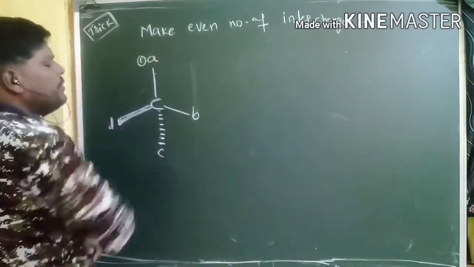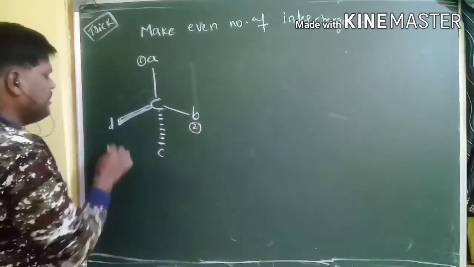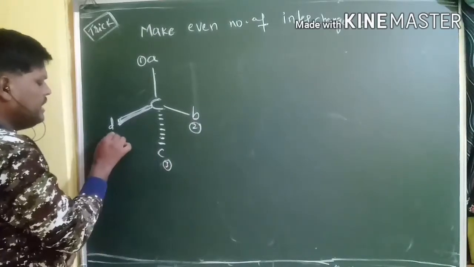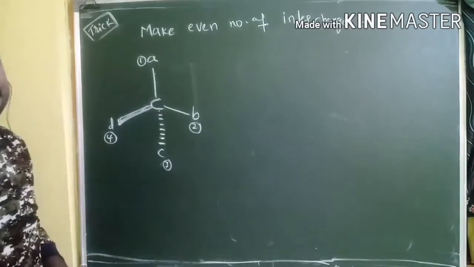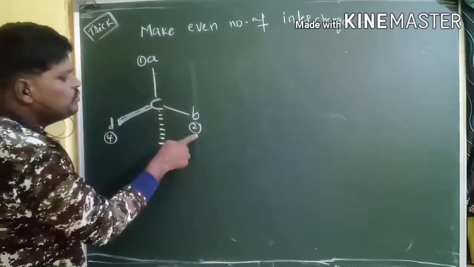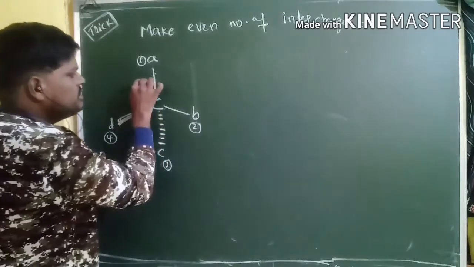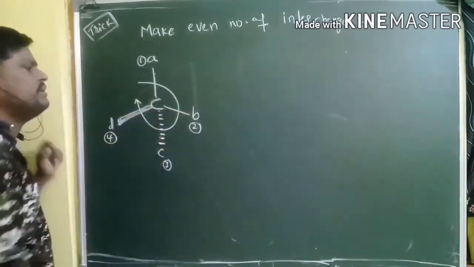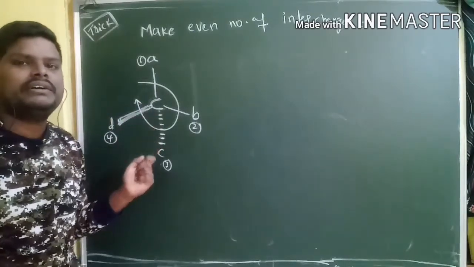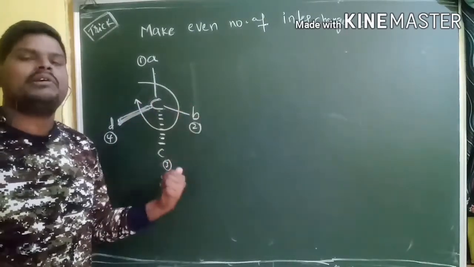Right, coming to the example here. A is the first priority, B second priority, C third priority, and the fourth one is the least priority. What is the direction for this one? 1, 2 and 2 to 3. So this is the expected direction for this molecule. Is it clockwise or anti-clockwise? Clockwise direction. So what is the expected configuration? R configuration.